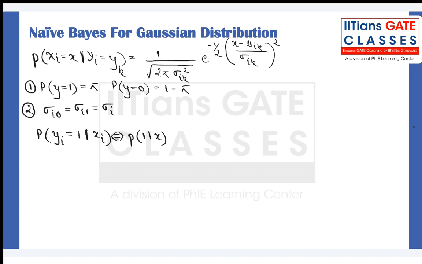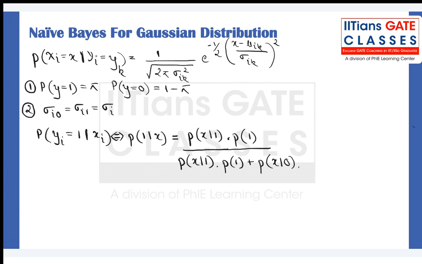So how we will do it is, if I apply the Bayes rule, this is nothing but equal to the probability of x given 1 multiplied by the probability of 1, divided by the probability of x given 1 multiplied by the probability of 1, plus the probability of x given 0 multiplied by the probability of 0. This is just the standard Bayes rule. I hope that I don't have to review this. That should be simple for you guys, right?